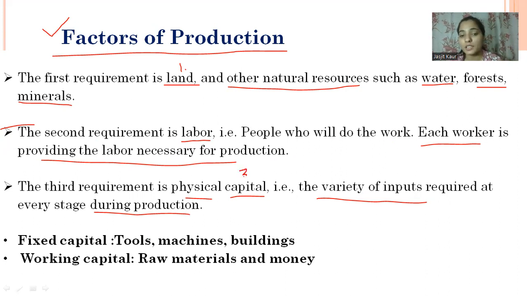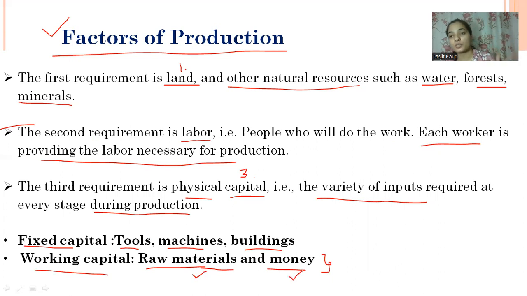That capital is divided into two parts. The first one is fixed capital, which remains fixed and is for the long run, like tools, machines, and buildings. And the working capital is raw material and money. The raw material is what we require for the production of products, and the money is what we get after selling those products in the market.